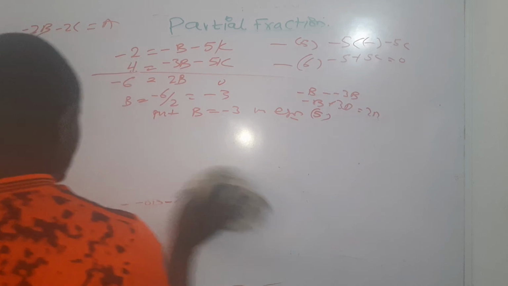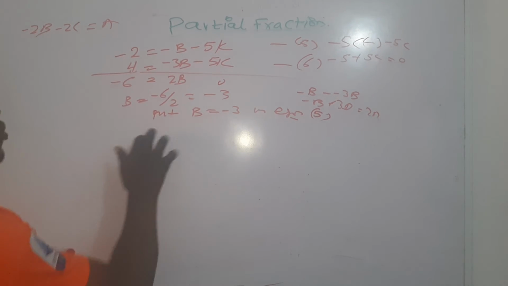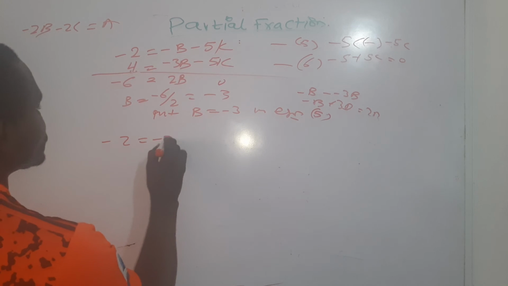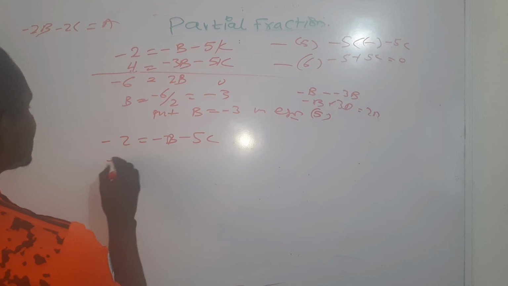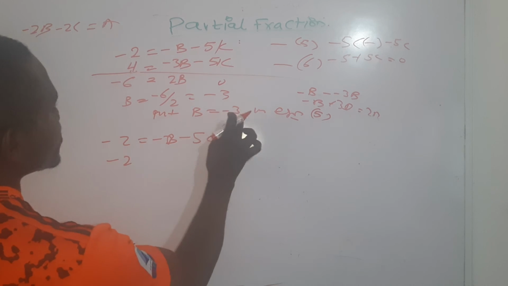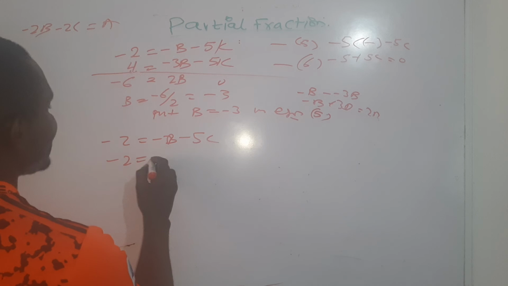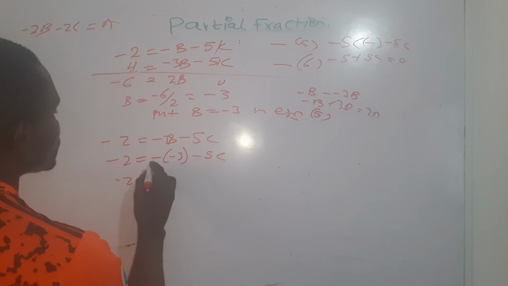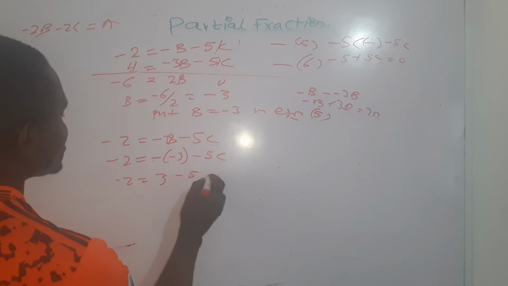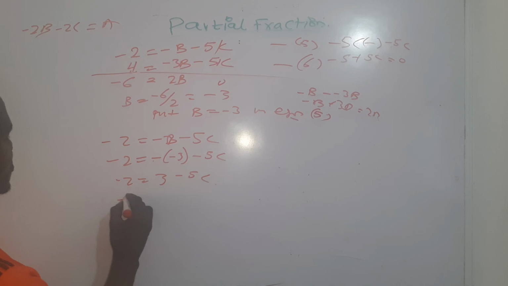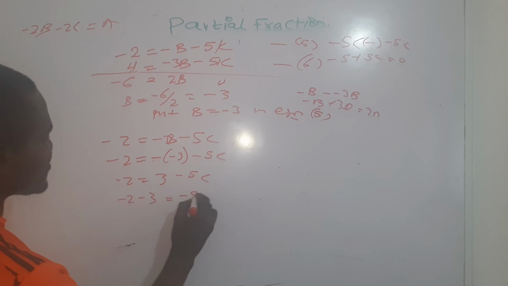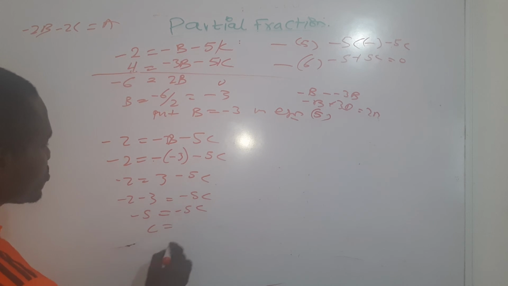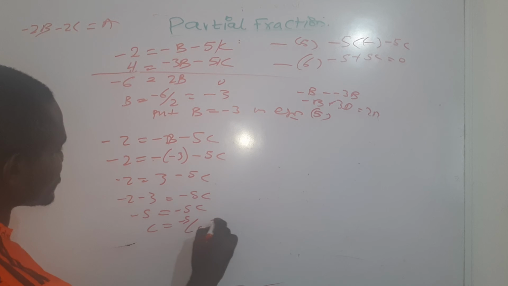Put b equals minus 3 in equation 5, which is minus 2 equals minus b minus 5c. Wherever I see b, I put minus 3. So minus 2 equals minus times minus 3, so plus 3, minus 5c. By the time you collect terms, this becomes minus 2 minus 3 equals minus 5c, so minus 5 equals minus 5c. So c equals minus 5 divided by minus 5, which is equal to 1.